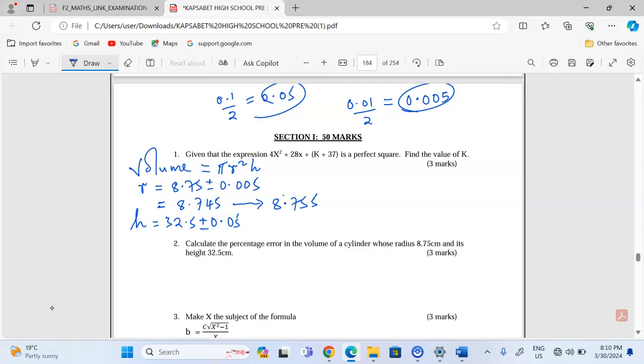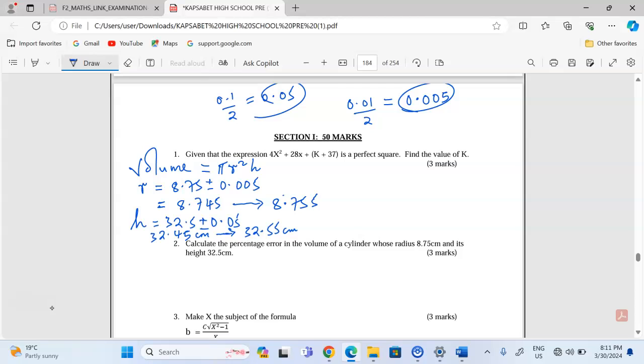This will take us to 32.55 centimeters, the maximum, all the way from 32.45 centimeters, the least possible value of the height. Now we have maximum height, minimum height, maximum radius, minimum radius.